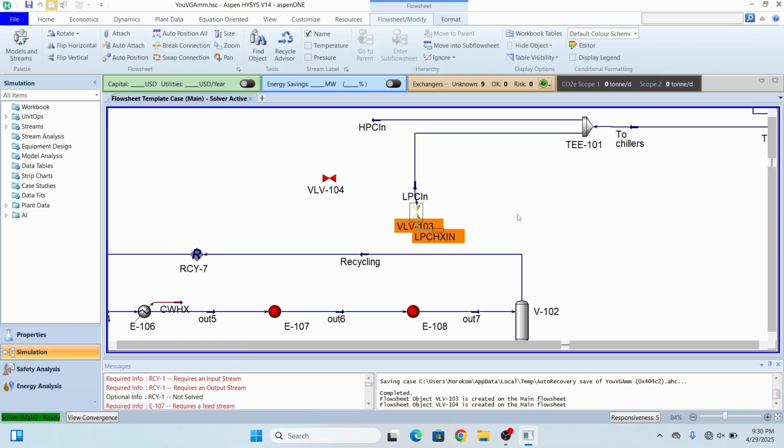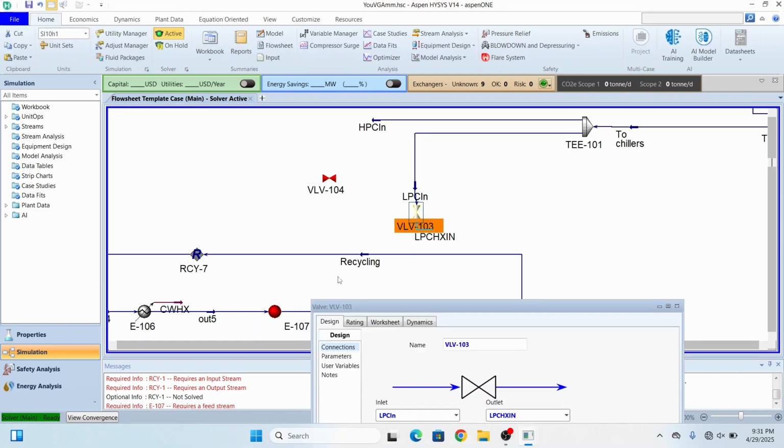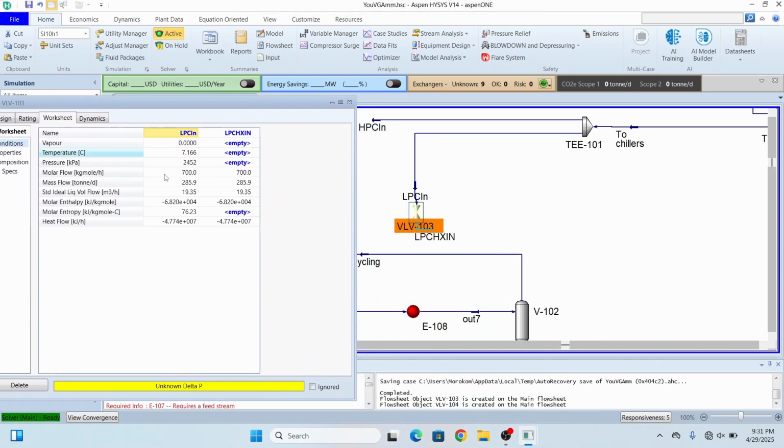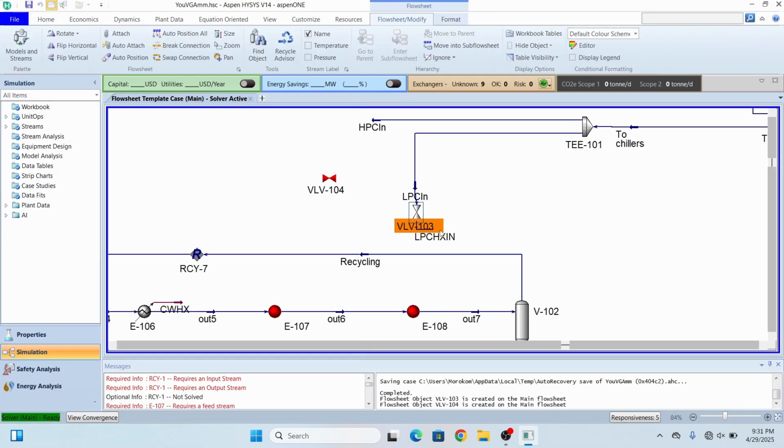I will close it. I will double click on it again, and from the worksheet I will define its outlet pressure. For the low pressure, you can decrease the pressure up to 200 kilopascal, or in the range of 200 to 300 kilopascal. So I am decreasing its pressure to 200 kilopascal.